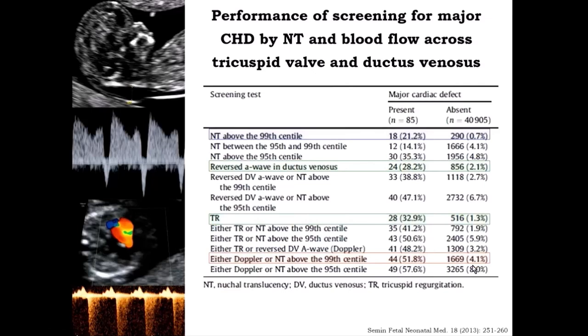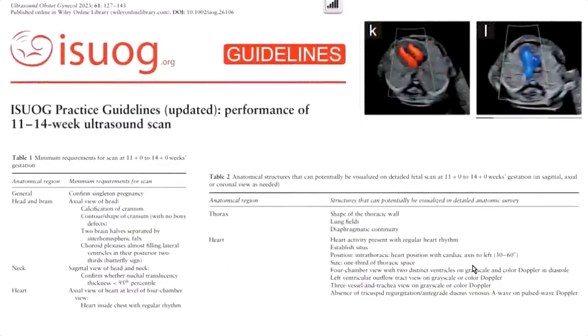So that sounds fantastic, and this went on for a while until we realized that our technologies allow us to look directly at the heart. We can evaluate the structure of the heart using transabdominal and transvaginal ultrasound and achieve very good resolution, in particular after 12 weeks gestation.